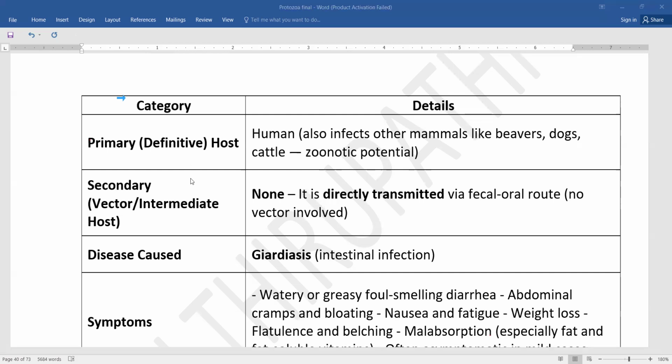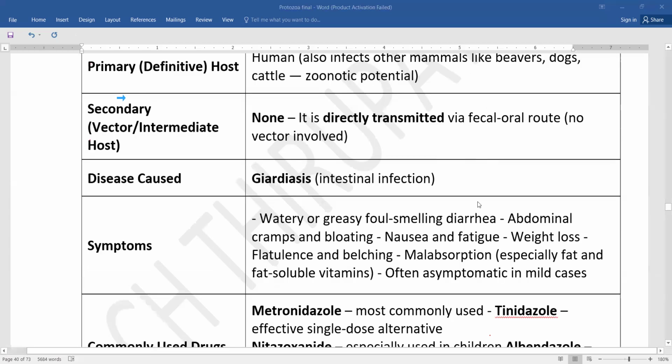Okay, so when the infected person excretes undigested waste containing these stages of Giardia, they are transmitted directly by contaminated water or contaminated food material. The disease caused by Giardia is called giardiasis.